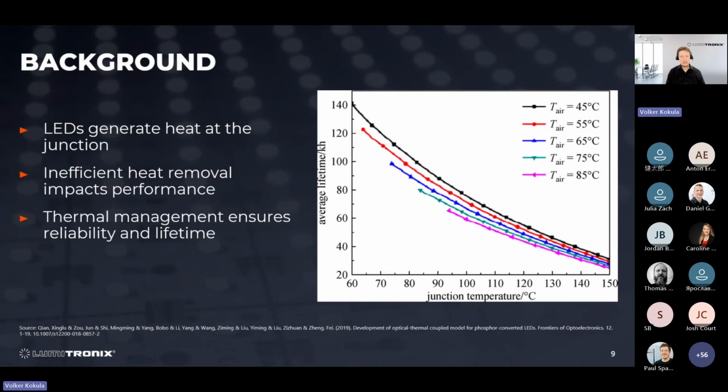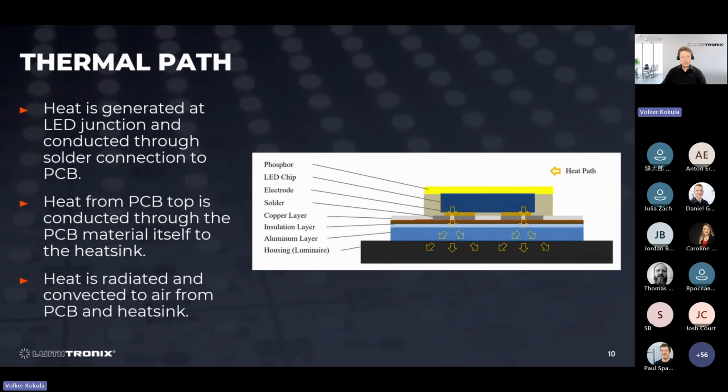But even significantly before LED or other components are lost due to thermal overheating, we already see a decrease of the LED performance caused by inefficient heat transfer, and we also see an impact on the lifetime of a product if the heat is not managed correctly. So therefore, let's together look at the thermal path of how the heat is normally transported from the heat source, the LED in this case, to the surroundings.